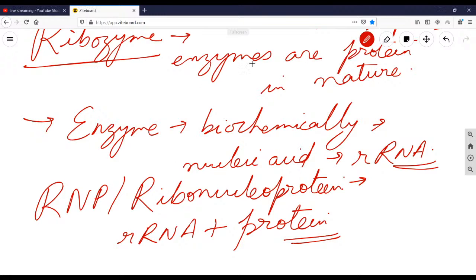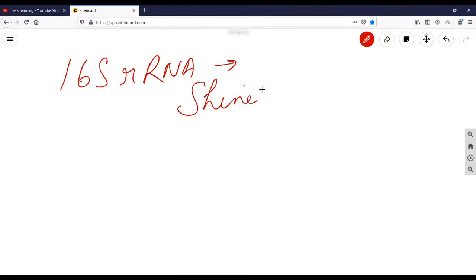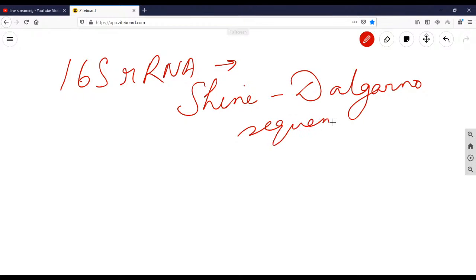In the 16S rRNA, there is something known as the ribosome binding site, the anti-Shine-Dalgarno sequence. Very, very important.